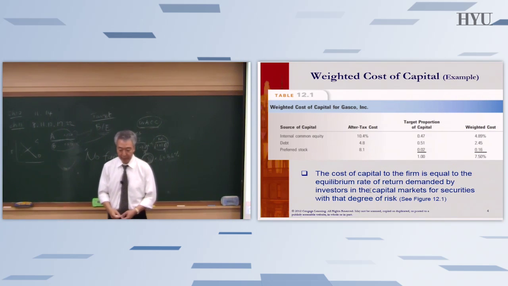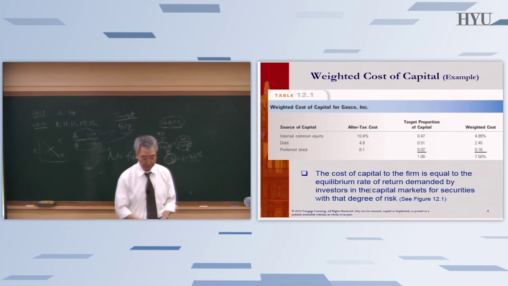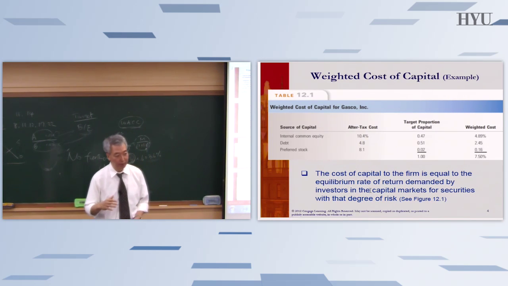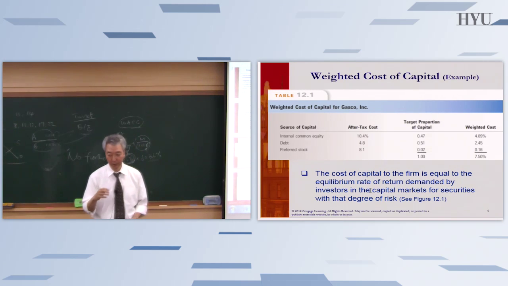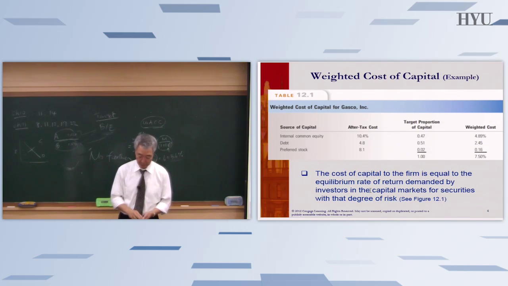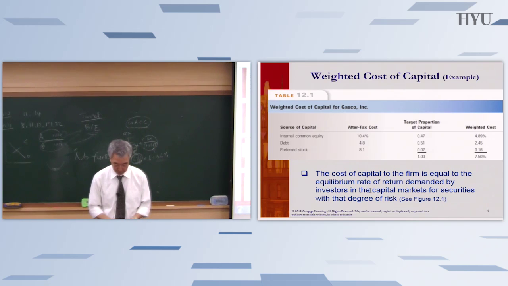What this means is, if you offer the rate too high or too low, then you won't be able to sell all your securities, which means the market is not cleared. So 4.8% should be the market clearing level of the security. That's what this means.